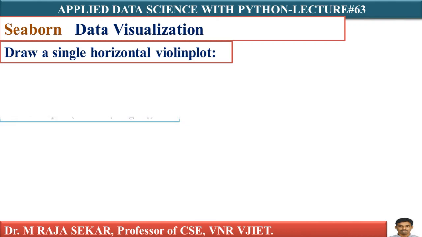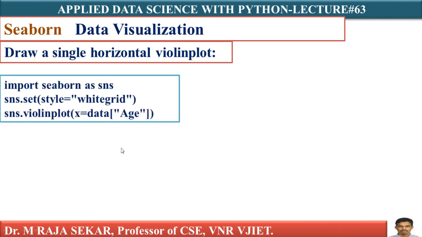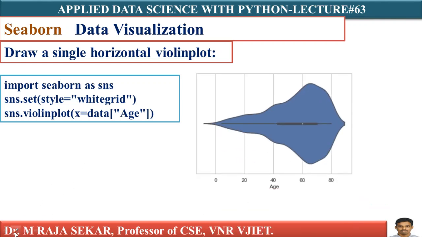Now we will try to understand our violin plot with a simple example. Just see this simple example. Import seaborn as sns; sns is an alias for the Seaborn library. set is a method in which I am keeping style as an attribute whose value is white grid.